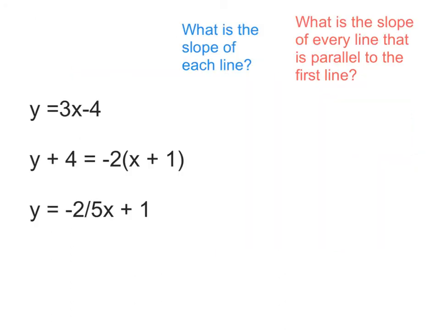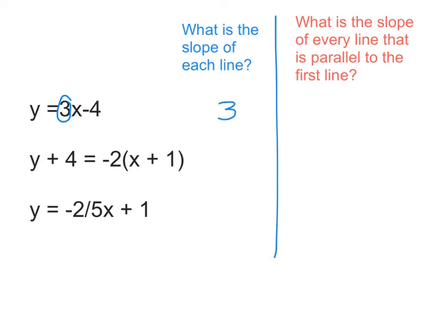Okay, so let's just try a couple of quick examples on naming the slope of a line and then naming the slope of any line that is parallel to that line. So the first one we have is y equals 3x minus 4. The first thing I'm going to do is name the slope for each of these lines. This first line is in slope-intercept form, y equals mx plus b, and we know that this then is our m, or slope, so 3.